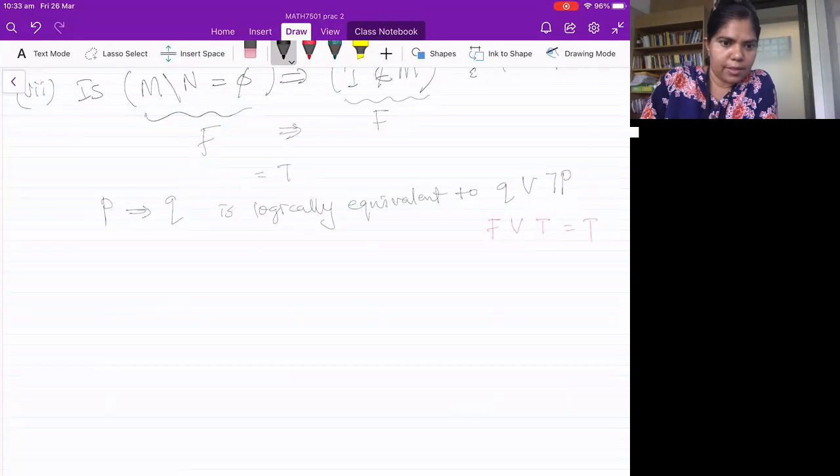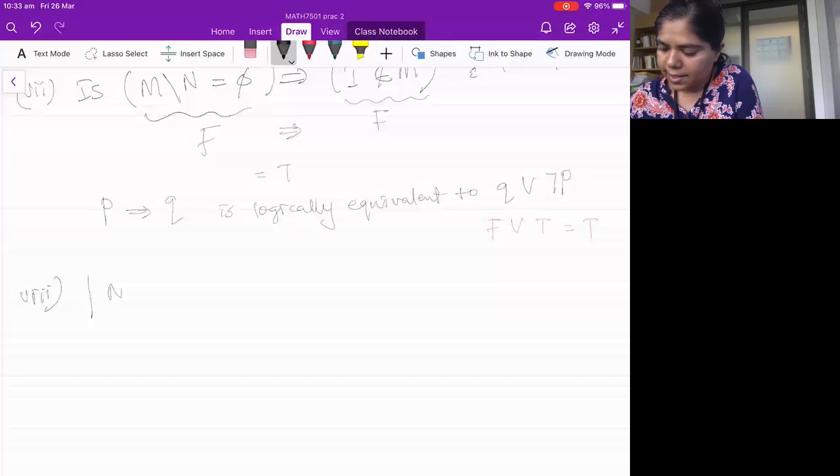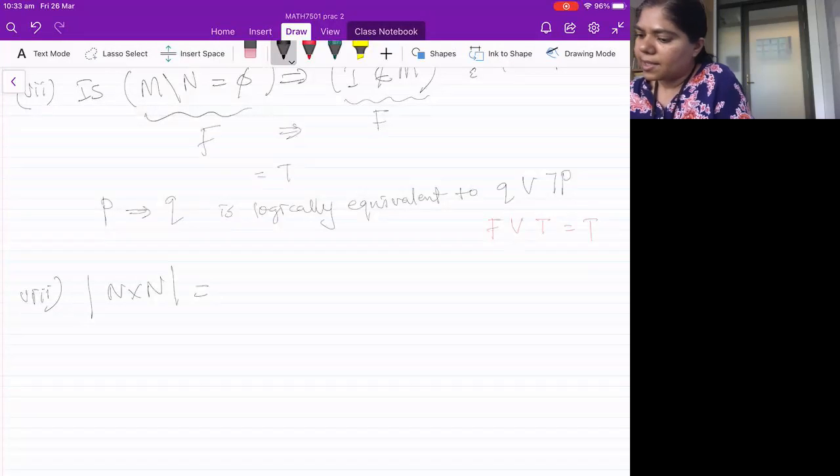is: determine the value of the number of elements in N times N. What is this?